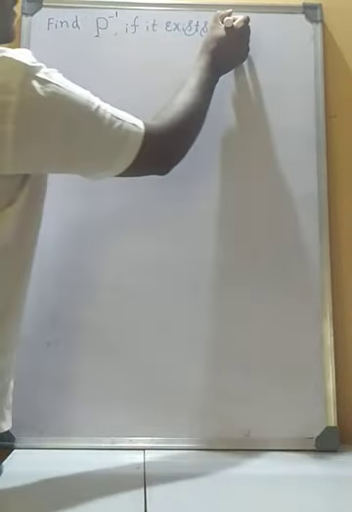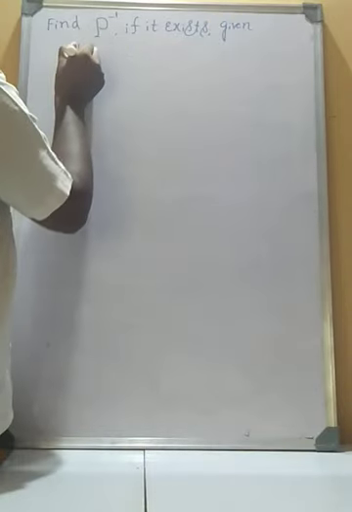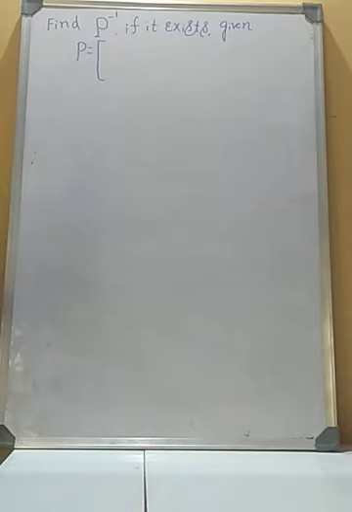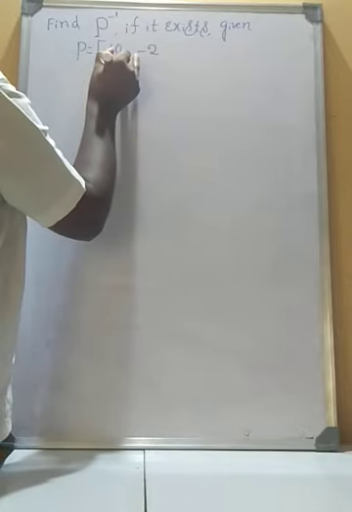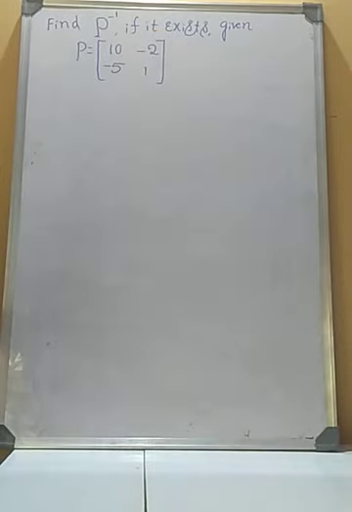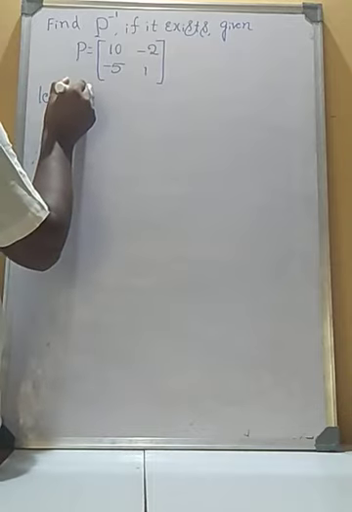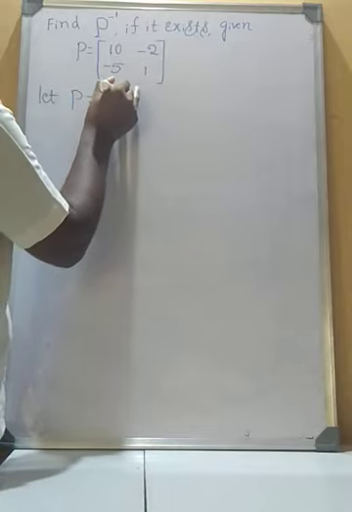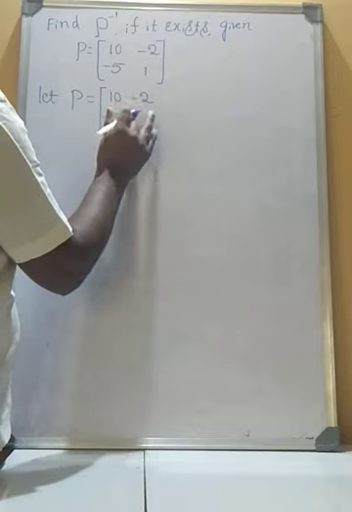Given matrix P equals [1 0; minus 2 minus 5 1]. Find the inverse of matrix P. So let P be equal to the same matrix.